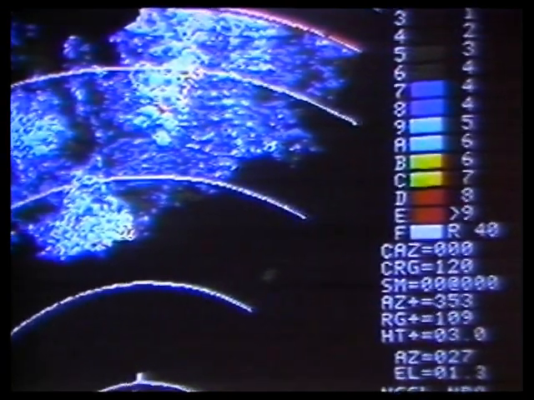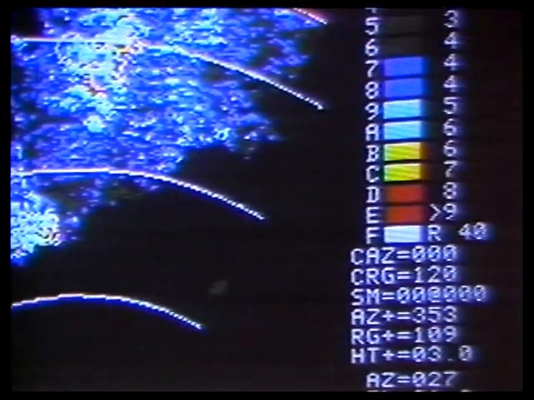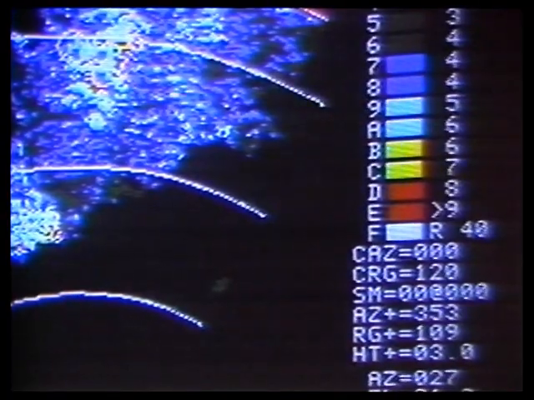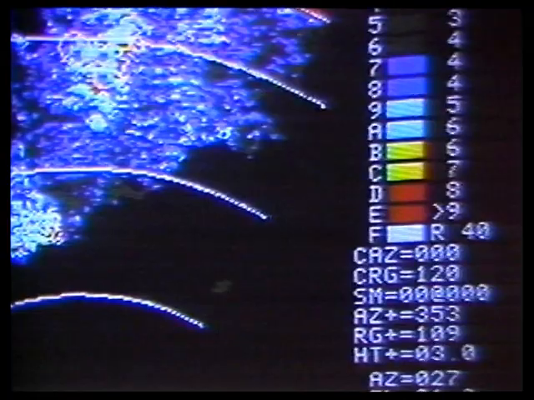And as we flew the aircraft through these storms, we did find that as we went through these large areas of the yellows, the blues and the yellows and the reds, the aircraft experienced moderate to severe turbulence.